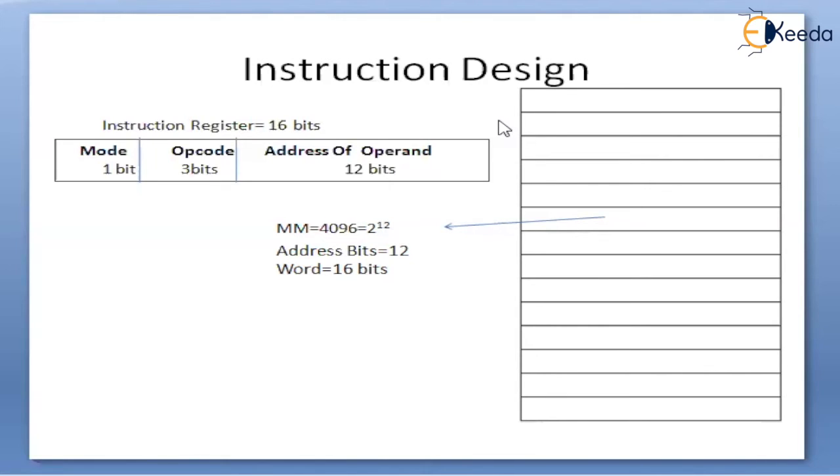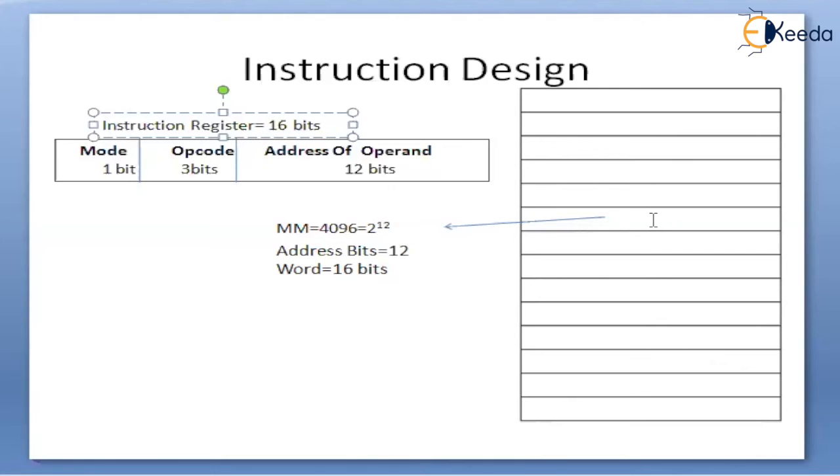Now, let us talk about the instruction. How are we going to design an instruction? What should be the size of the instruction? The size of the instruction should be 16 bits, because one word in the main memory is 16 bits. Instructions are stored one in each word.